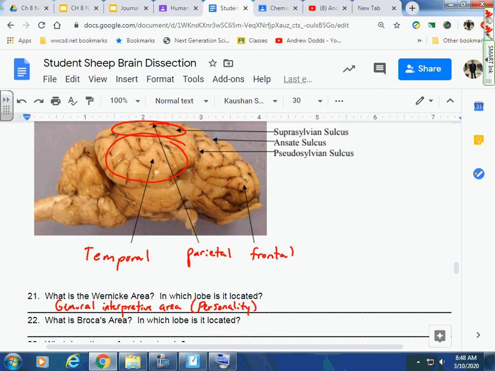And it is in the left hemisphere, in the temporal lobe. Everybody good with that?